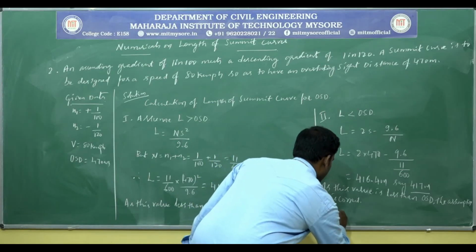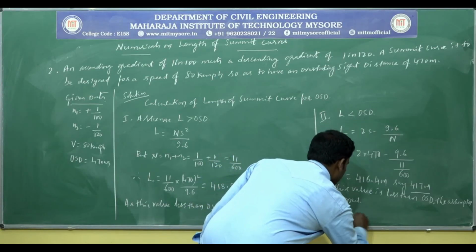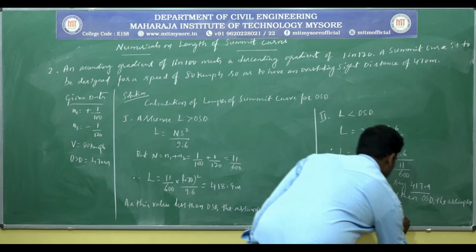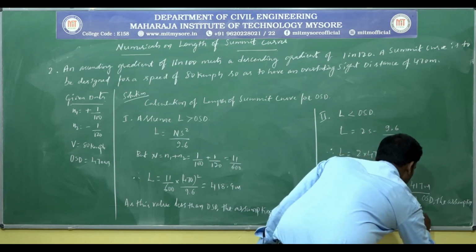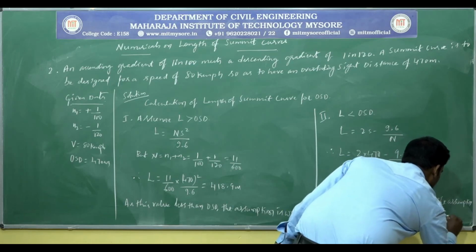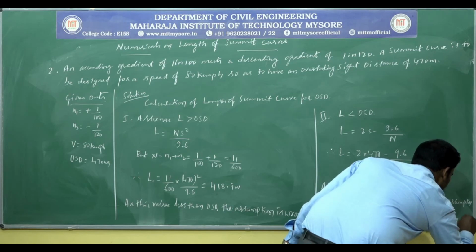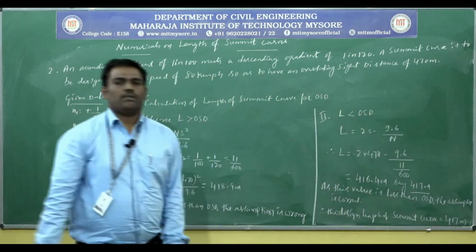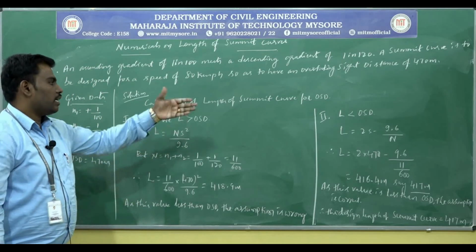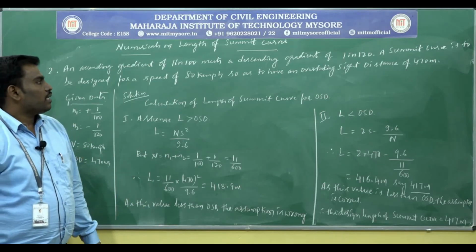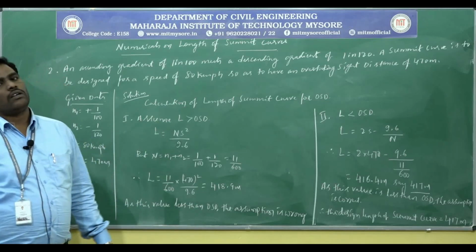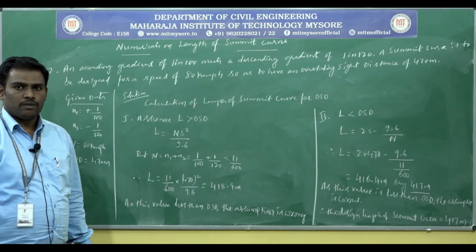Therefore, the design length of summit curve is equal to 417 meter. Okay, this is regarding the length of summit curve to provide the overtaking sight distance of 470 meter.